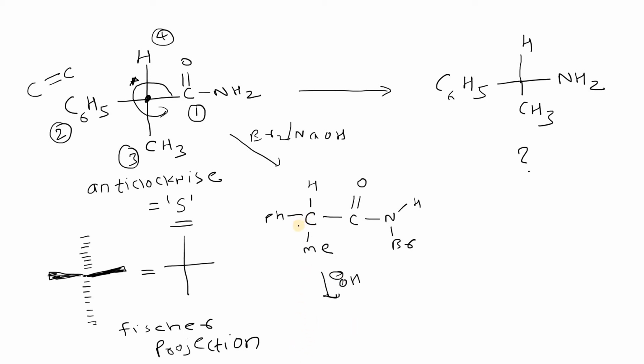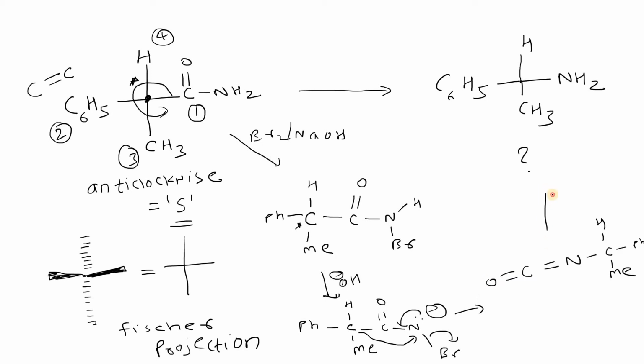Again this carbon is a chiral carbon. Now this bromine gets lost and this carbon moves to the nitrogen and we get a double bond formation here. So we get the corresponding isocyanate linkage. This isocyanate on base hydrolysis gives us the corresponding amine.